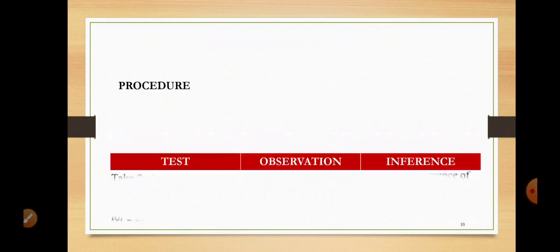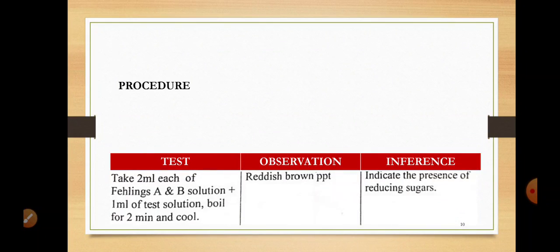Coming to the procedure, what is involved in the Fehling's test? In the procedure, we take 2 ml each of Fehling's A and B solution, that means 2 ml of Fehling's A and 2 ml of Fehling's B solution.